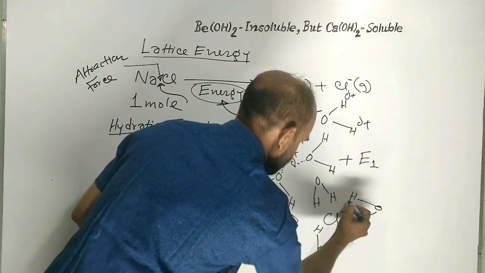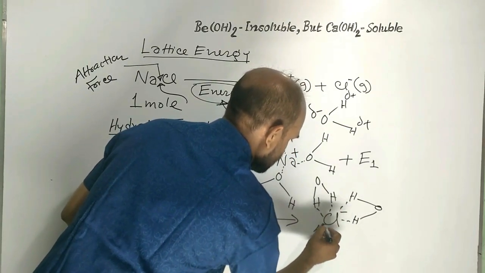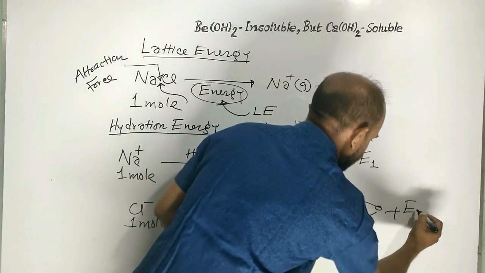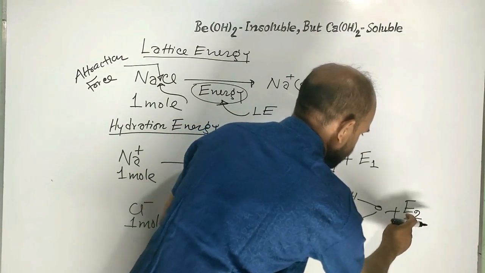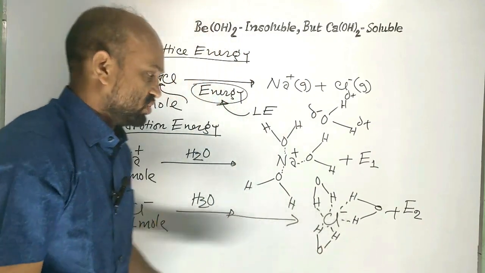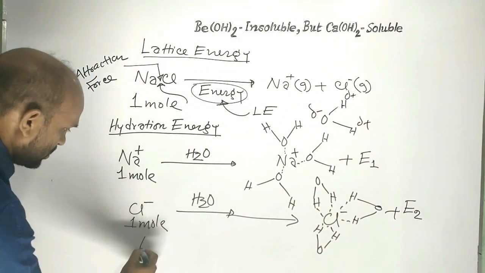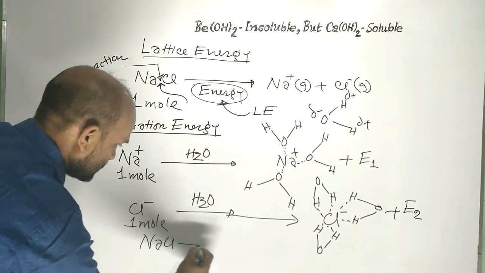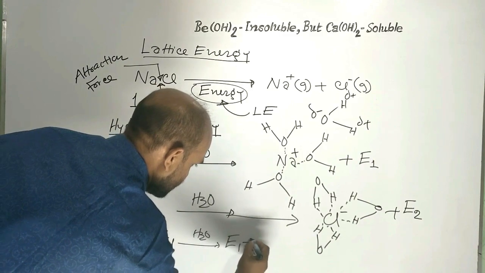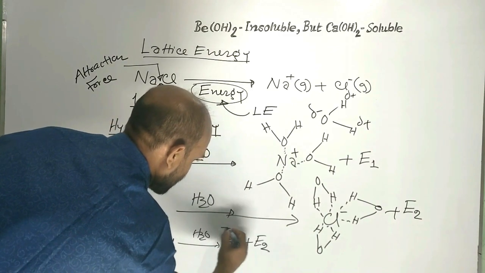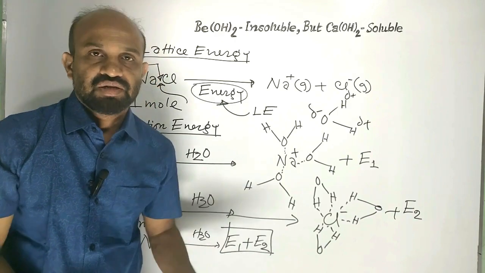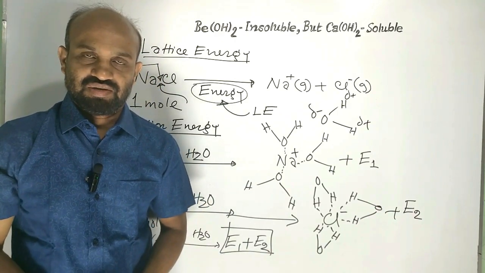And due to this attraction, it will produce some amount of energy. This energy is known as hydration energy. So, for sodium chloride, hydration energy will be E1 plus E2.